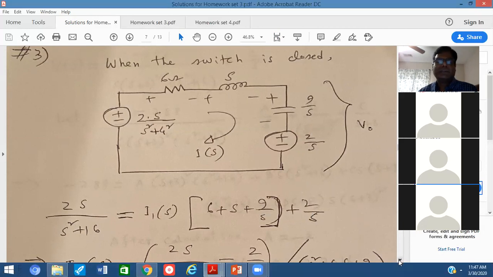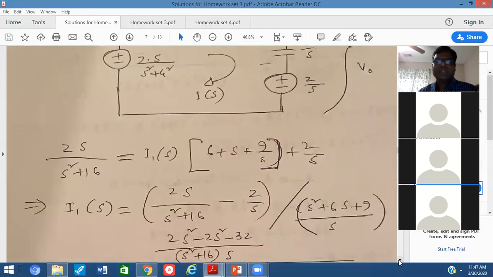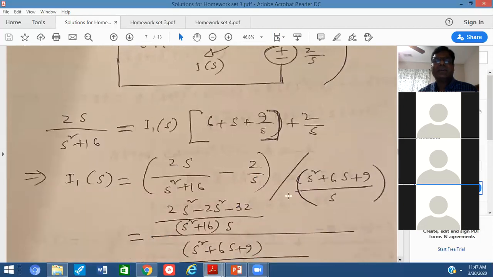Okay, so then see the next line, what I am doing. So what is I(S)? From here, this expression, first I am transferring 2 by S to the left side. So that's why this is 2S over S squared plus 16 minus 2 over S. So therefore this whole thing is divided by this.